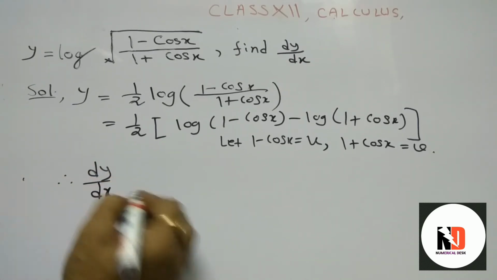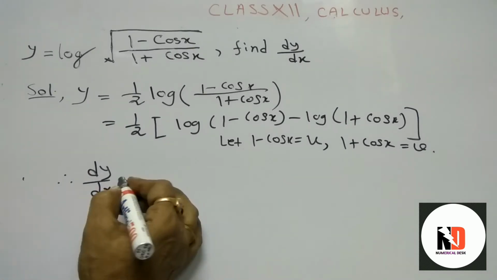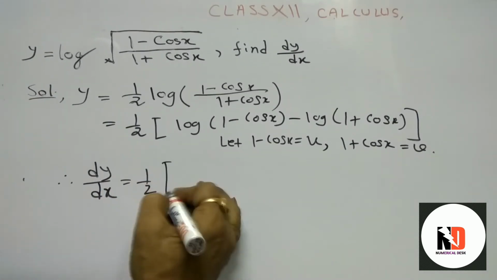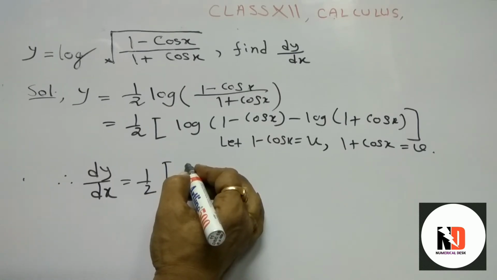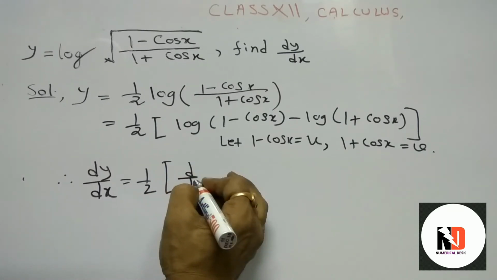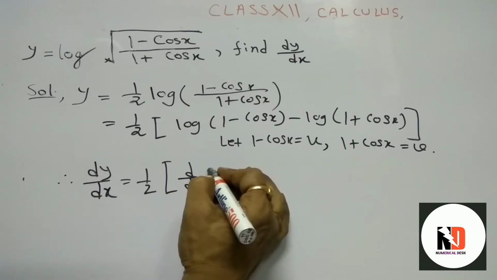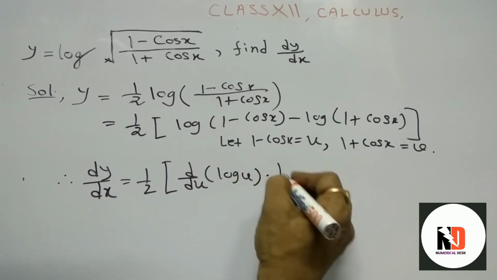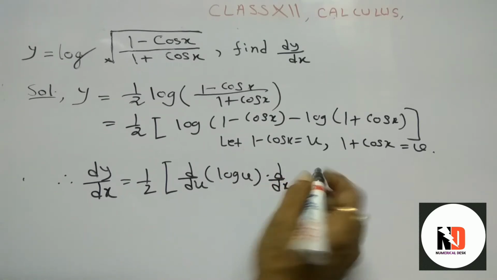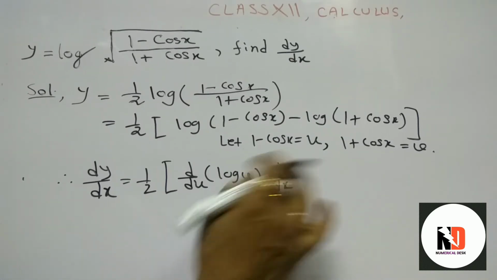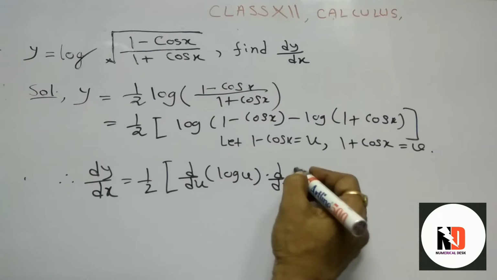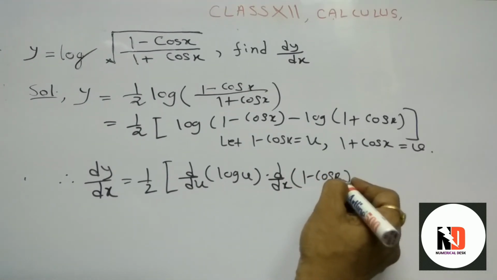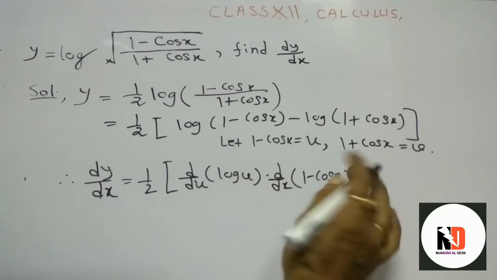So let's differentiate the sum. So it is d/du of log u, but we have to multiply the part substituted. So get d/dx of 1 minus cos x, which is of course differentiable, very easy.